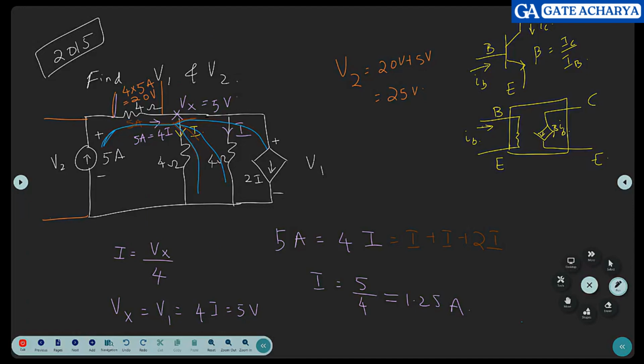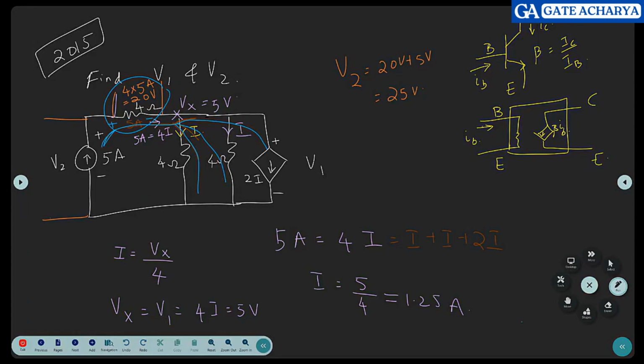So what is the voltage dropped across this? Because of that, you are going to have plus here, minus there, 4 ohms into 5 amps, 20 volts. Afterwards, you find voltage across one branch, that is sufficient because that is the same voltage across each and every branch.